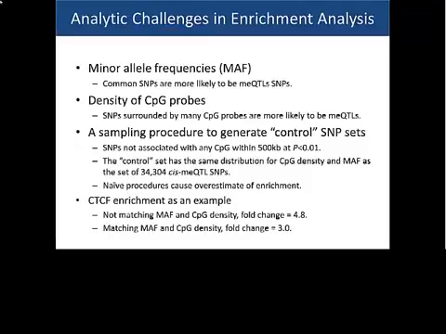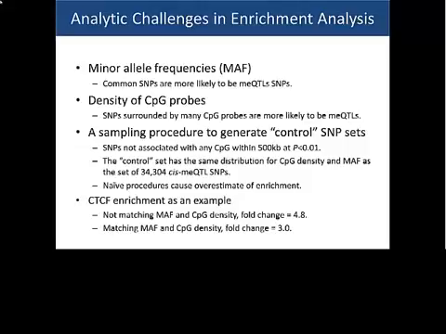So to do this correctly, we need a sampling procedure to generate appropriate control SNP sets. In particular, we need to match the distribution of the minor allele frequency and also the distribution of the CpG probe density. Using the CTCF enrichment analysis as one example, if we do not match for MAF and CpG density, we detect a fold change equal to 4.8.